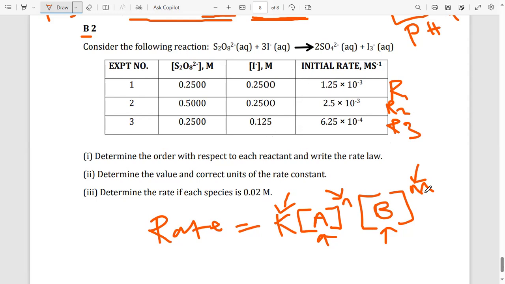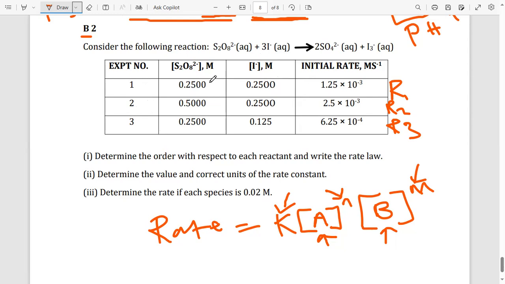So what are we going to do? We are going to divide the rate of one equation by the rate of the other equation, making sure that the concentration of one of the reactants is constant. For example, if I take experiments 1 and 2, we see that the concentration of the iodide ions will be constant, and the other one will be changing.